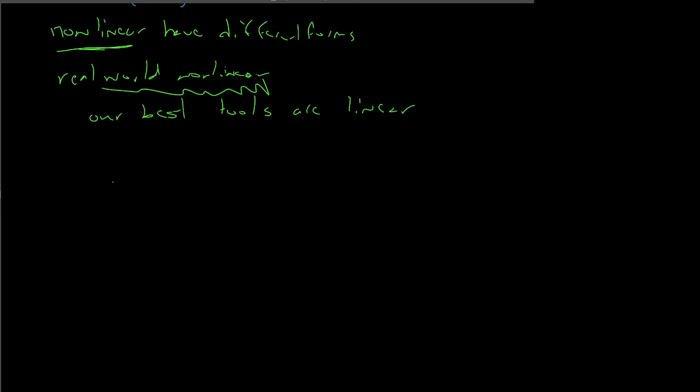Because linear solutions are holonomic functions, so let's just say f of x is some solution to an ODE. It's stable under addition, subtraction, sums, products, other differential equations, and integration.